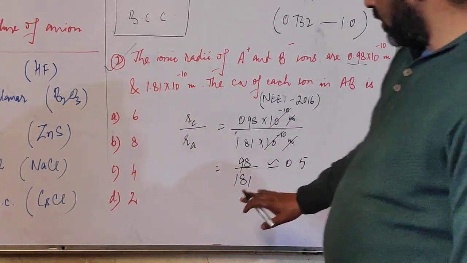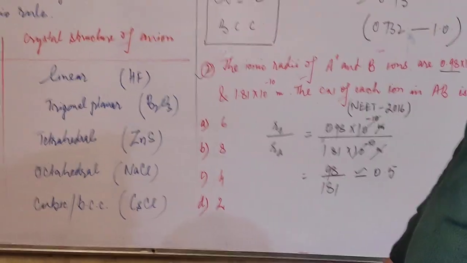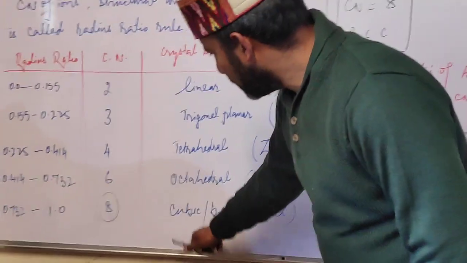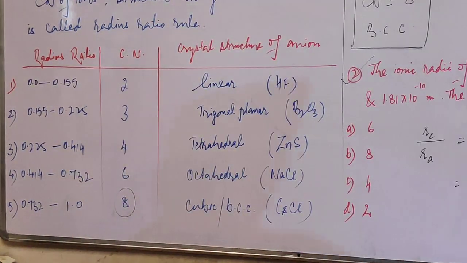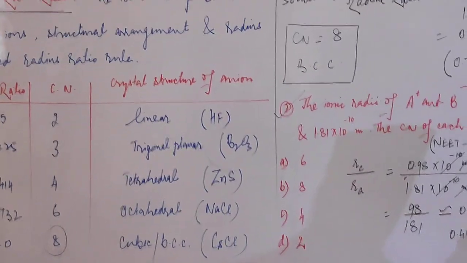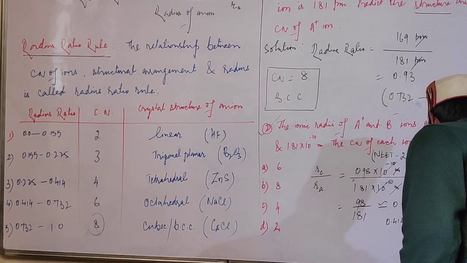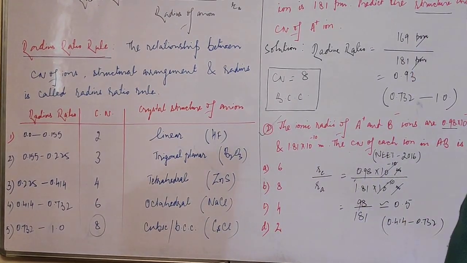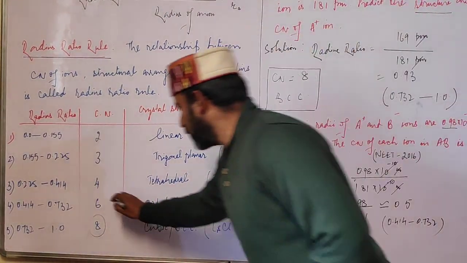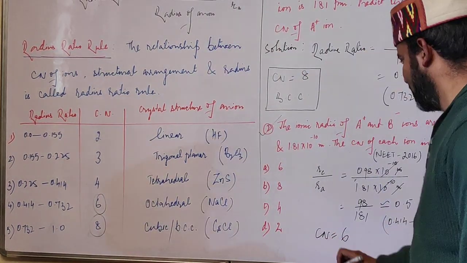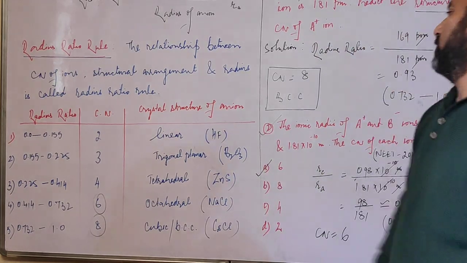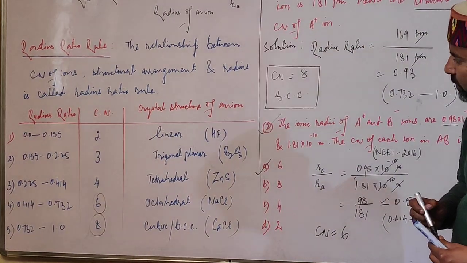Now this lies in range what? It is 0.5, so this is in the range 0.414 to 0.732, and this implies what? Coordination number of each ion would be what? 6. So correct answer is option A.